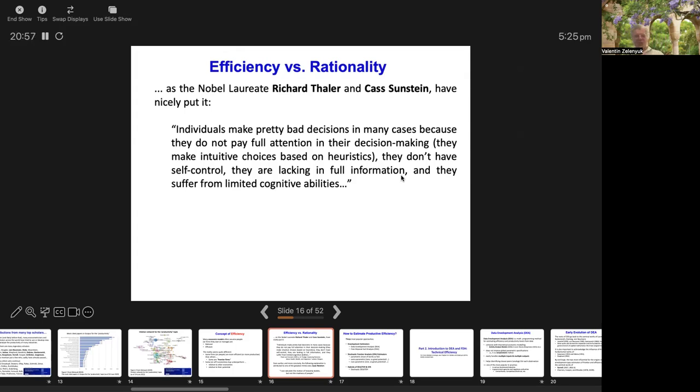Individuals make pretty bad decisions, in many cases because they do not pay full attention in their decision making. They make intuitive choices based on heuristics. They don't have self-control. They are lacking in full information, and they suffer from limited cognitive abilities. So very, very concise and precise description of why people could be behaving as if they are not rational, unlike assumed in economic theory models. Okay, so that's this book.